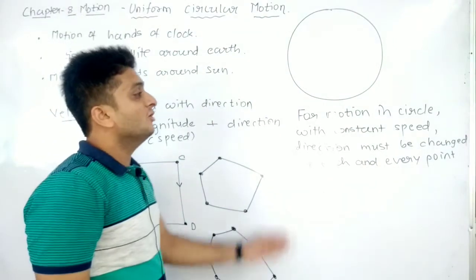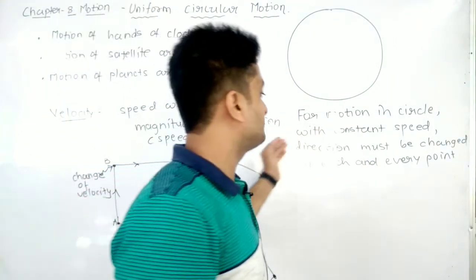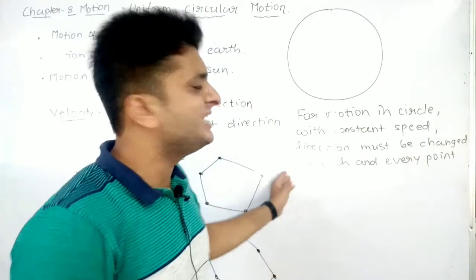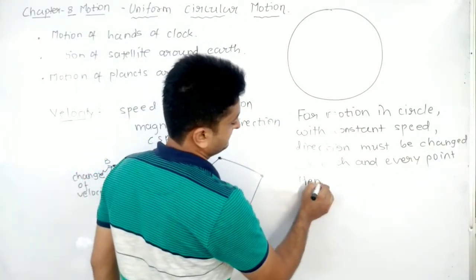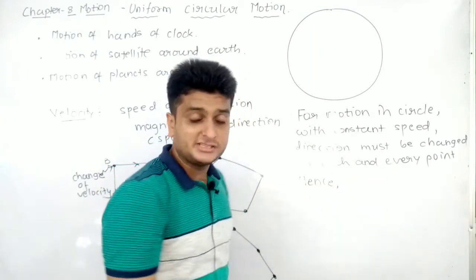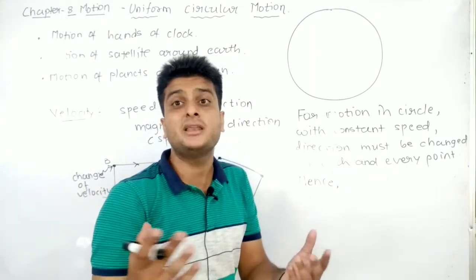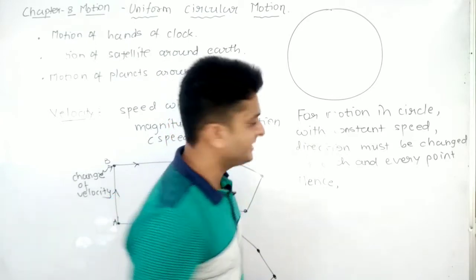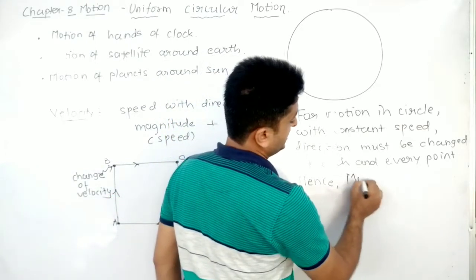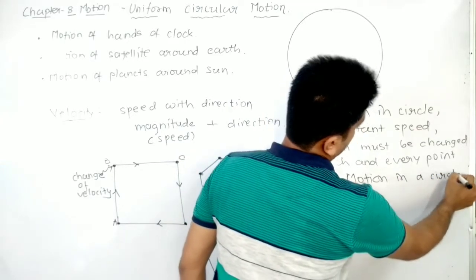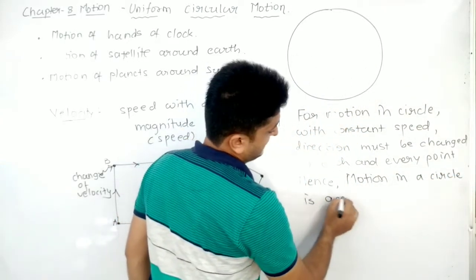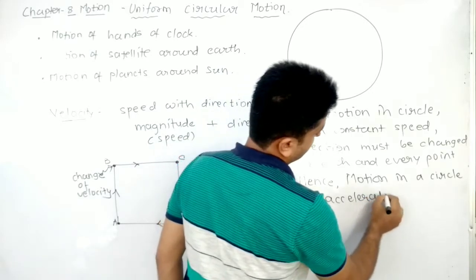Okay, चलो. So for motion in a circle with a constant speed, direction must be changed at each and every point. Right? Hence, we can say as the direction is changing, velocity is changing, hence there is an acceleration. So we can say hence motion in a circle is accelerated throughout.